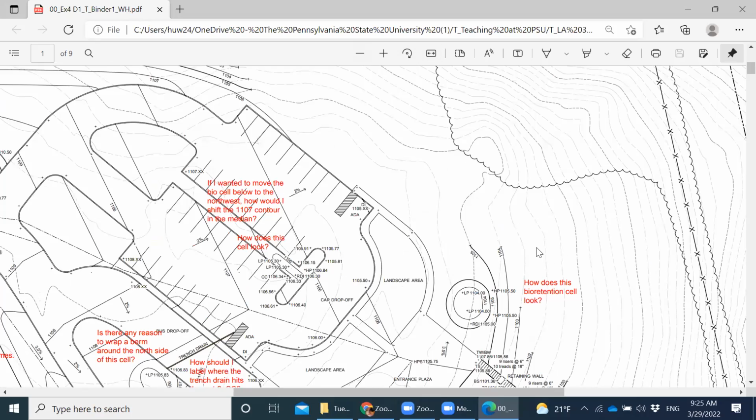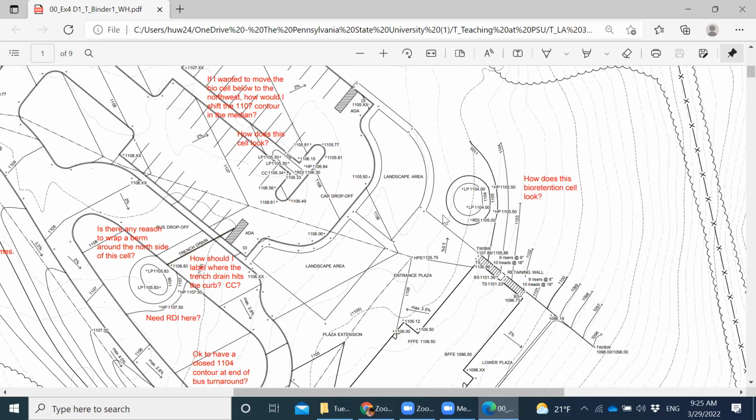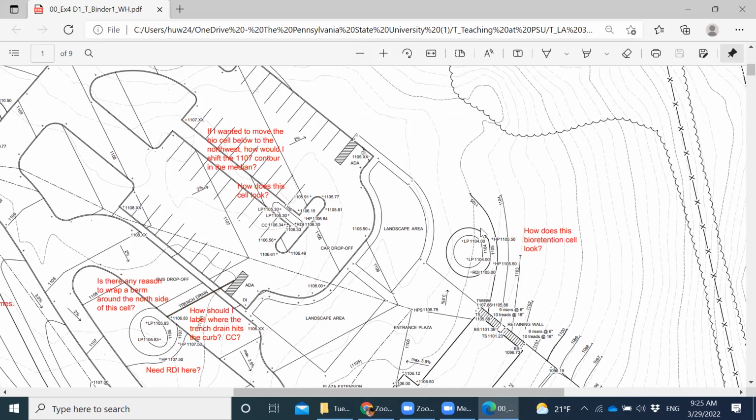Oh, this one. Okay, so now I think we're missing a contour somewhere. 106 and 105. This is very flat. 105, 105 again. In this area it seems to be going lower than 5%.